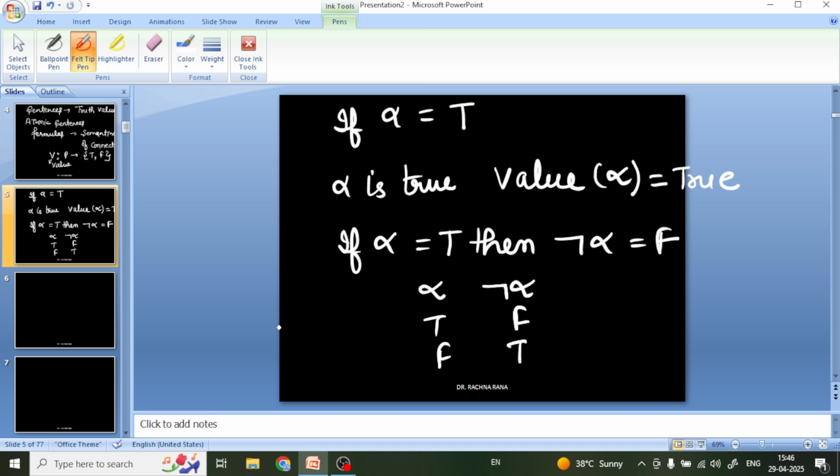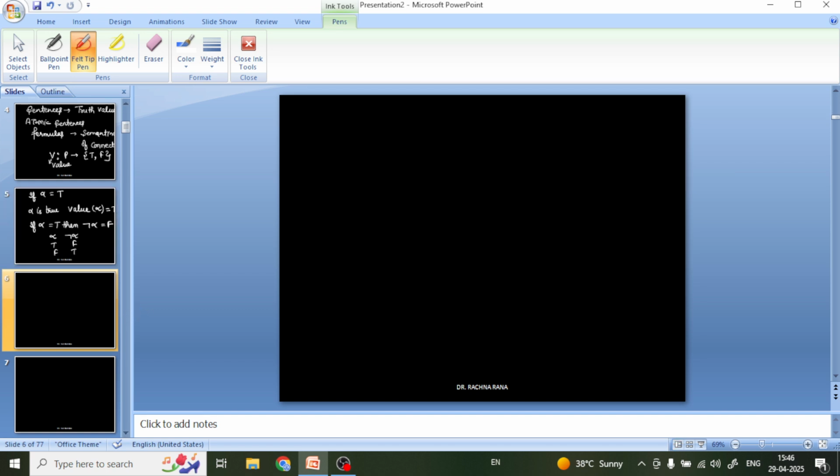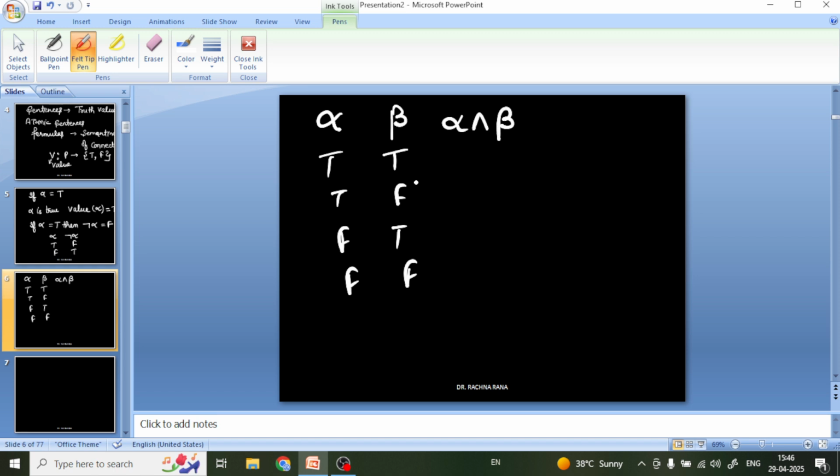Now, for example, you have given two values, alpha and beta. True, false, true, false. True, true, false, false. If you want to calculate alpha and beta, then you should keep in mind that both conditions should be true, and otherwise false.